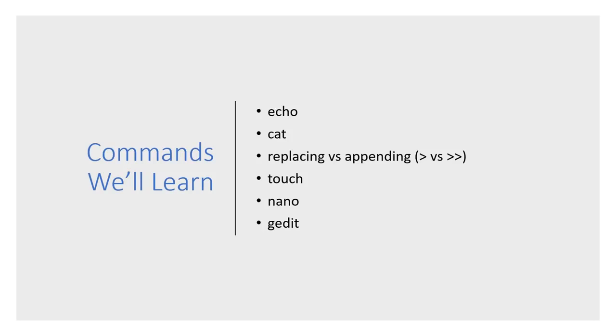We're going to talk about the touch command, which can be used to create a file on the fly. We'll talk about nano, which is a text editor that's built into the terminal. And then we're going to talk about gedit, which is also a text editor, but it is a GUI text editor. So we do get a little bit of GUI in this lesson. Let's dive right in.